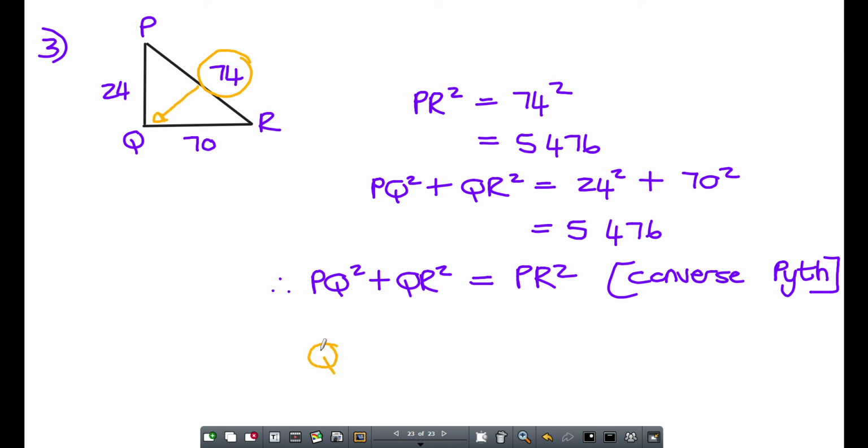So angle Q will be equal to 90 degrees. You guys good with that? Can I skip?